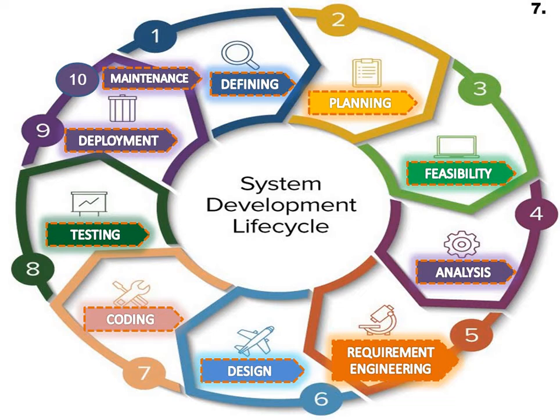In this defining phase, it would be defined by the system development team or software project management team what the basic problem is, what the problem statement is. They would identify what they actually need to develop.